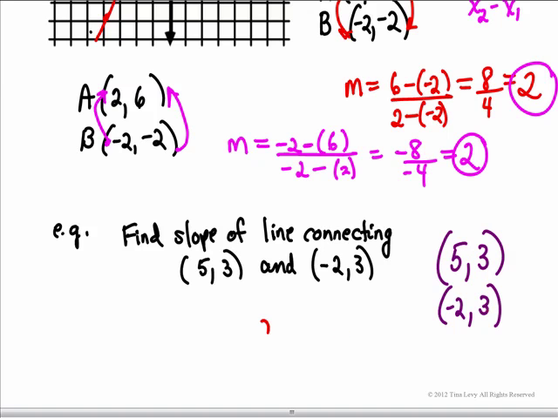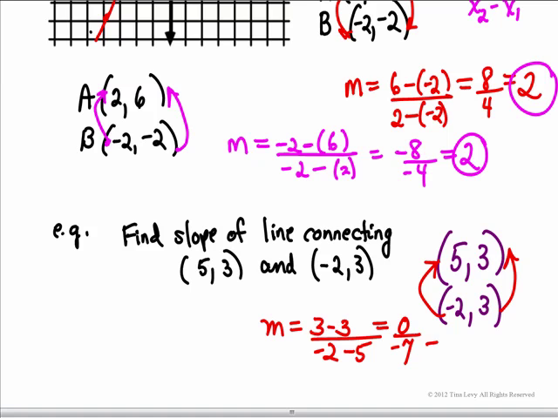Calculating the slope, doing the difference of the y's, it's 3 minus 3 over, going to the same point's x, negative 2 minus 5. 3 minus 3 is 0 over negative 7. And we know that 0 in the numerator, 0 divided by anything, is 0. So this is a 0 slope.